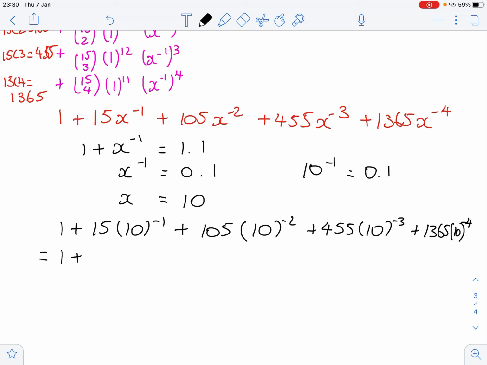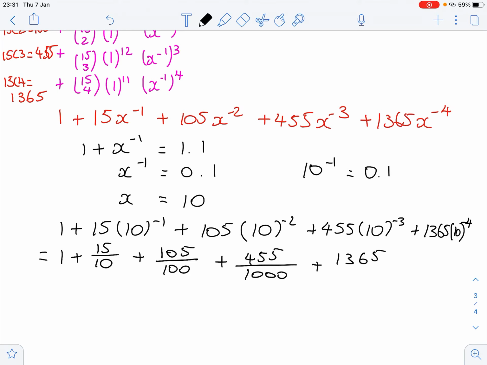So it's easier if we write it as 1 plus, so remember 10 to the power of minus 1 is the same as dividing by 10, so 15 divided by 10 plus 105 divided by 100 plus 455 divided by 1000 plus 1365 divided by 10,000.